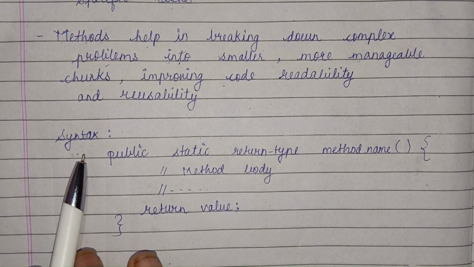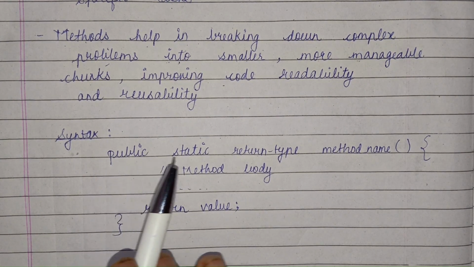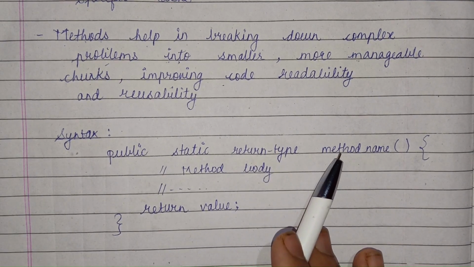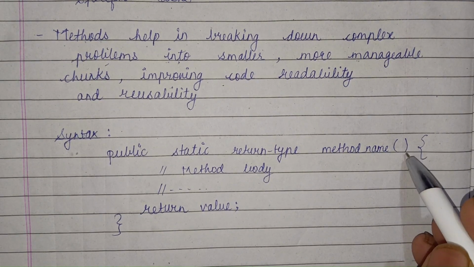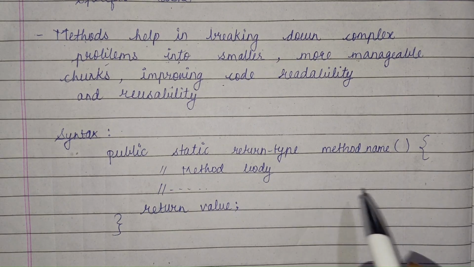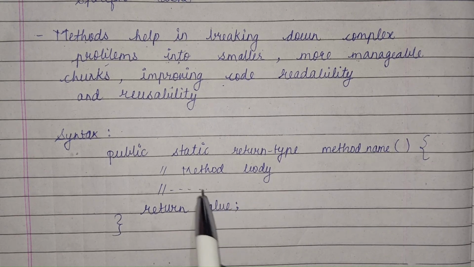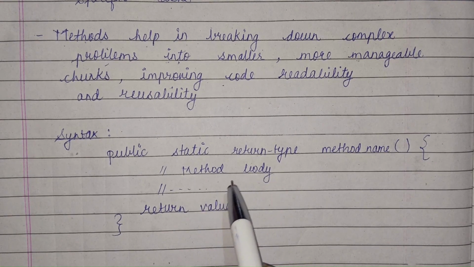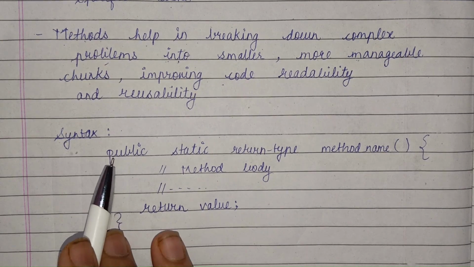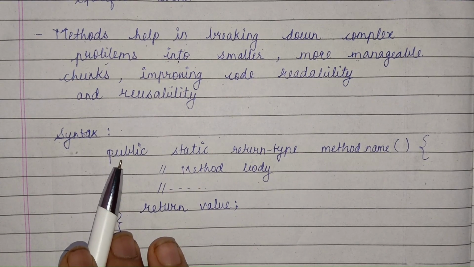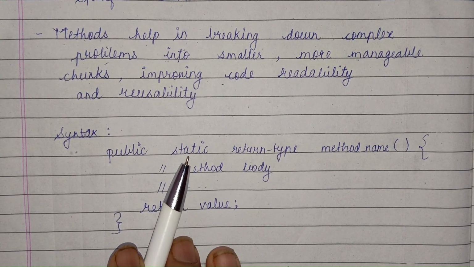So this is the syntax for writing a function in Java. First, public static, return type, and the method name. Then we have to write brackets, and in the curly braces we have to write the code. Public is an access specifier, and static is a reserved keyword in Java.